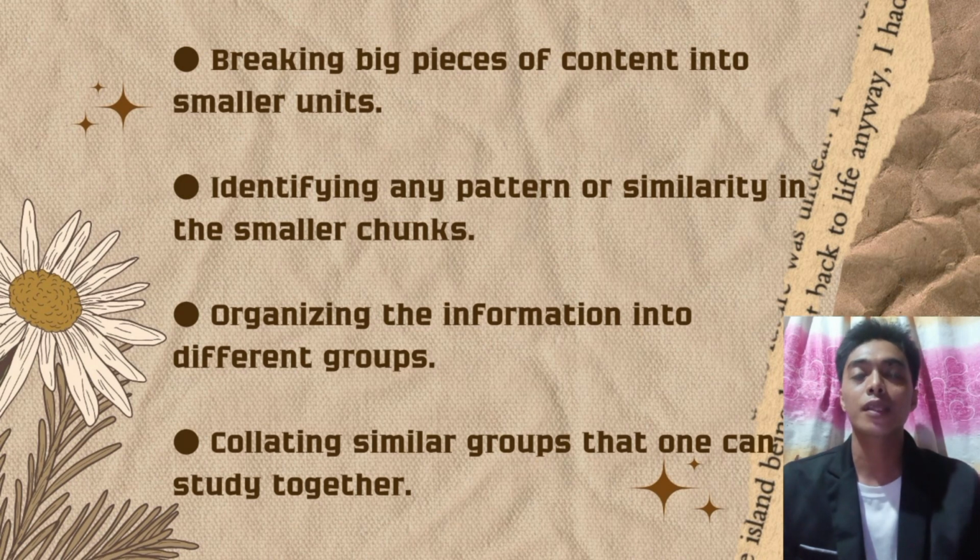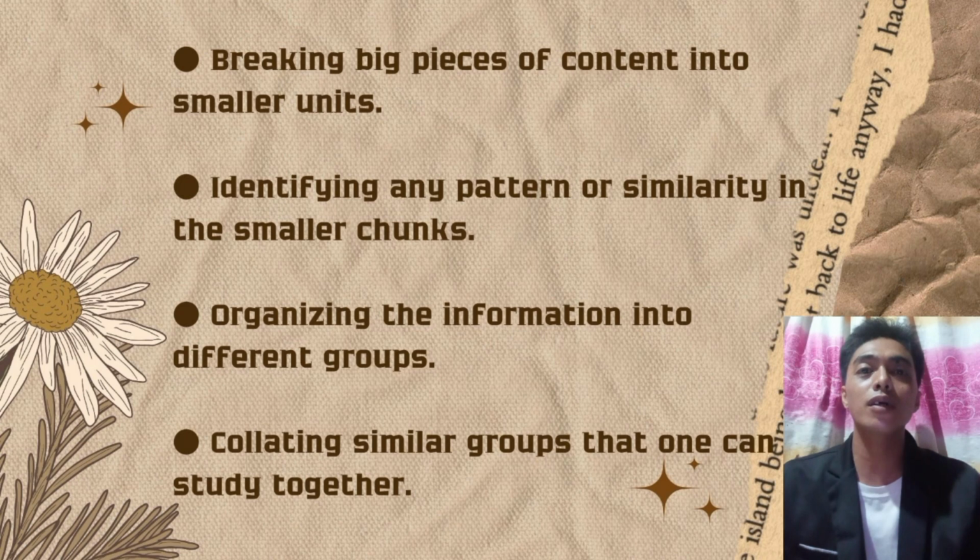understand the topic. So the second one is identifying any patterns of similarity in the smaller chunks. It helps the brain recognize and retain the information more easily. So the third one is organizing the information into different groups.